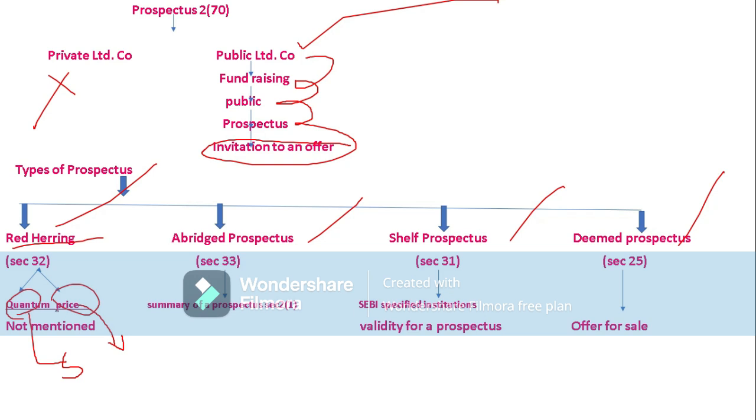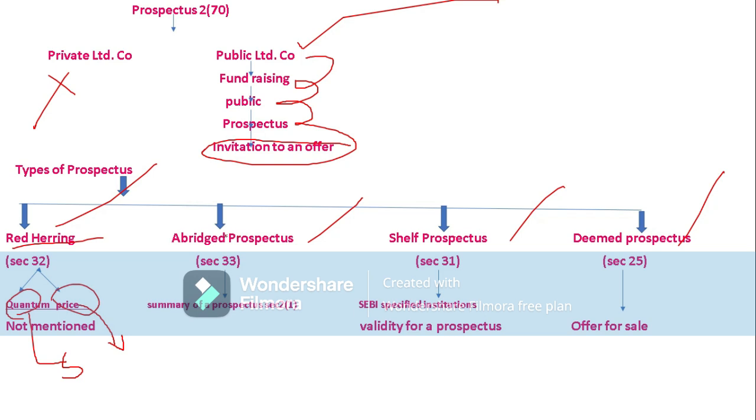This provision is known as the red herring prospectus. Actually, when submitting the prospectus, a company needs to file everything: how many shares are going to be issued, what the price of the share is. But in this case, a provision is given for small and mid-size companies.